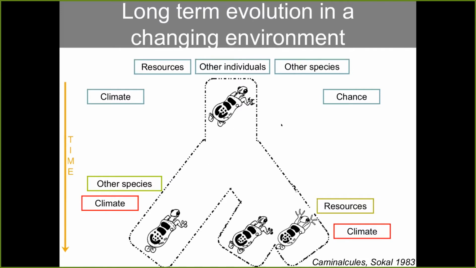The phenotypic characteristics of those species are the result of interactions with the climate, with the resources that are available to the species, interaction with other individuals or other species, and also just chance events that may have an impact on the phenotype. Through time, the phenotypes have changed, maybe because the circumstances in which those species have lived have changed too. For instance, other species may have changed, or the climate may have changed.